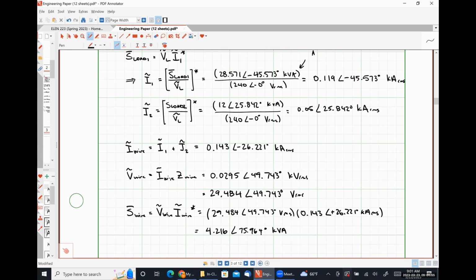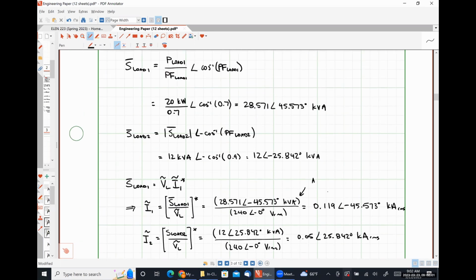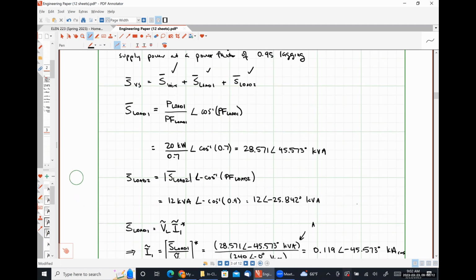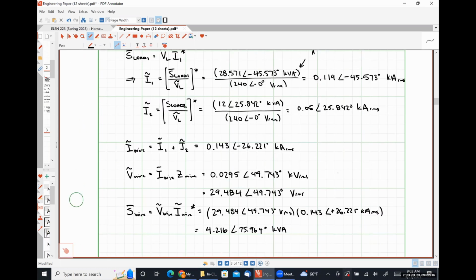All right. So from here, I know this part, I know this part, I know this part. I can simply add them all together, and that's going to tell me the complex power of my total system connected to my voltage source.